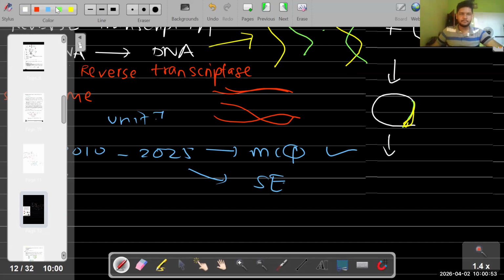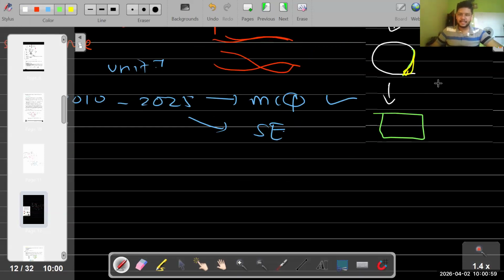This green color is the host cell. Now I have inserted the recombinant vector into the host cell.